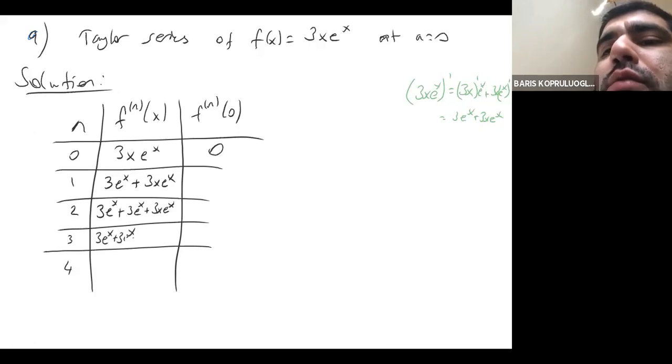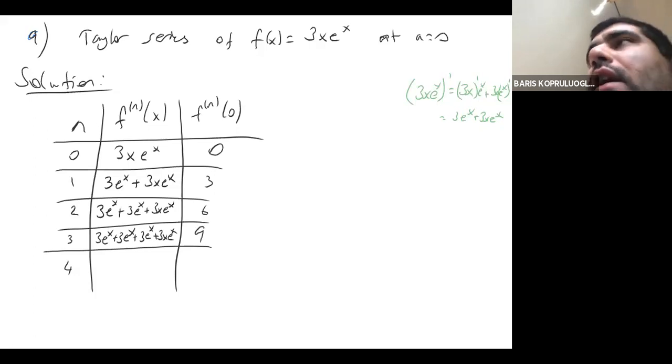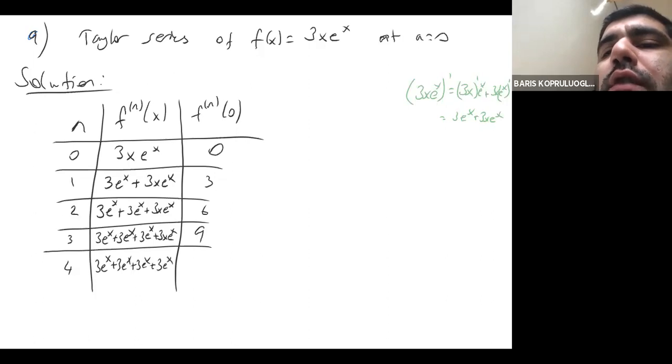I'm assuming everybody sees the pattern here. So when you plug 0 for x, this is going to be 3, this is going to be 6, this is going to be 9, and the other one is going to be 12.